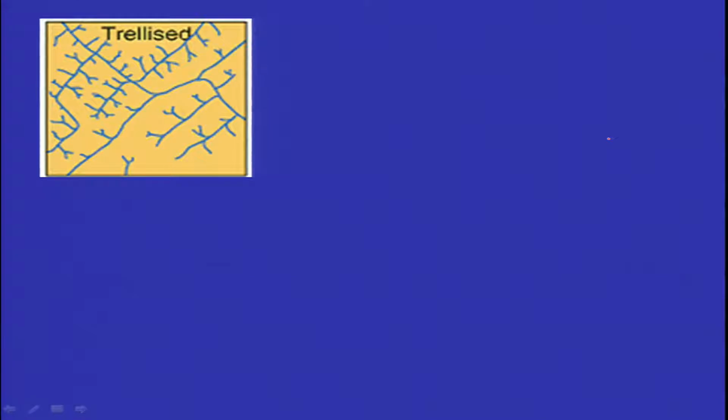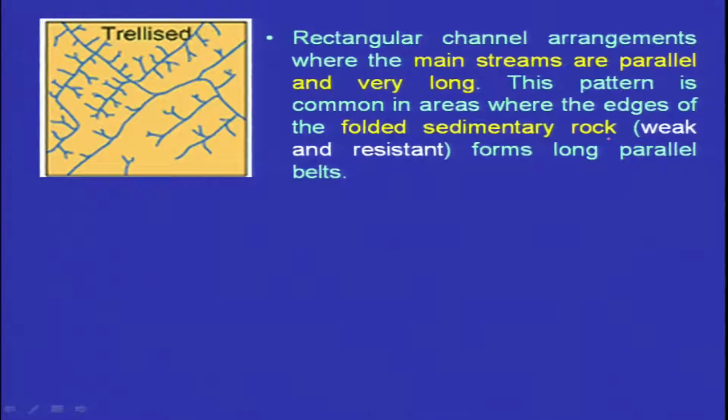Then we have trellis pattern. Again, rectangular channel arrangement where the main streams are parallel and very long. Okay. This pattern is common in the area where you are having the edges of folded sedimentary rocks, and these folded sedimentary rocks will have weak and resistant rocks.